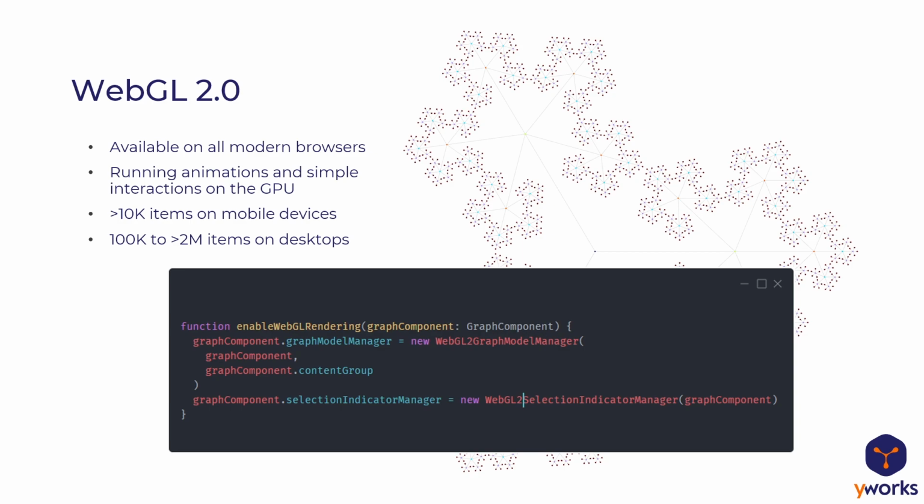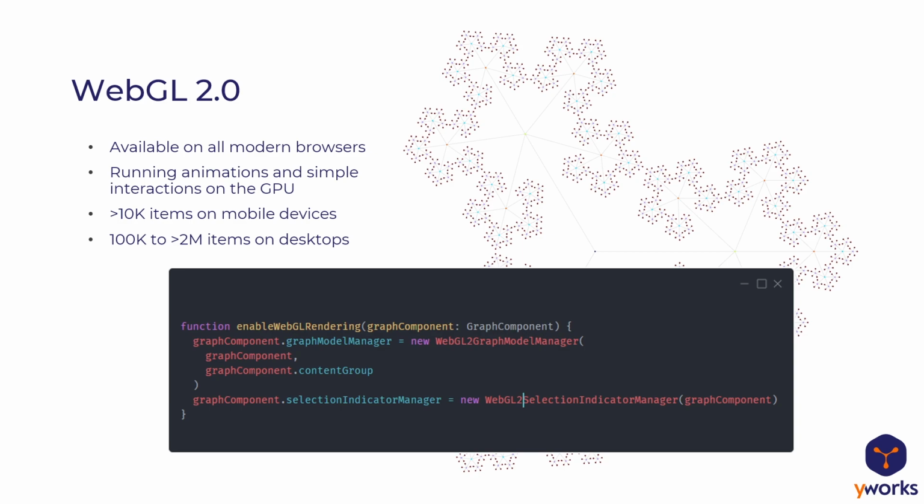I tested this on my son's mid-range gaming PC, and I was able to render more than 2 million items on the screen at 60 frames per second, animated. That was just mind-blowing. I still believe it's not a good idea to do this because there are not that many pixels on most screens, but it worked, and that was really cool to see.